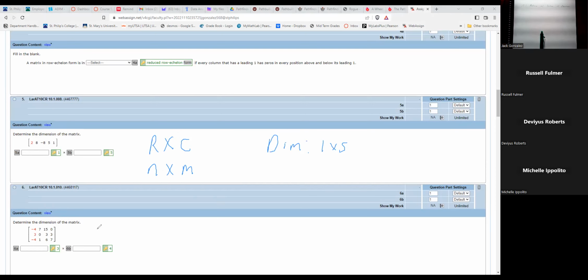And over here you have 1, 2, 3 rows, right? So the dimension would be 3 rows by 4 columns. Is that clear how I got these numbers, the dimensions?